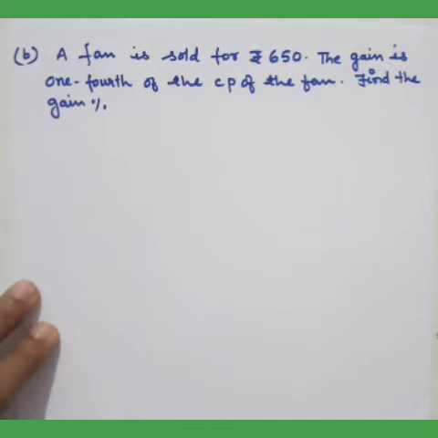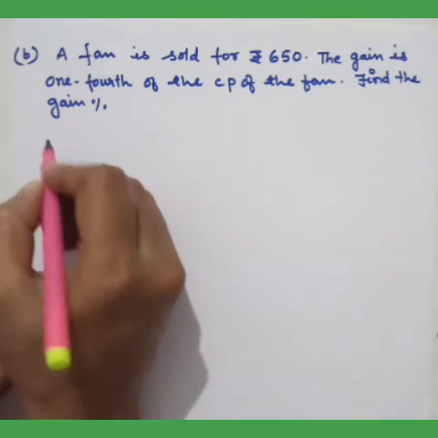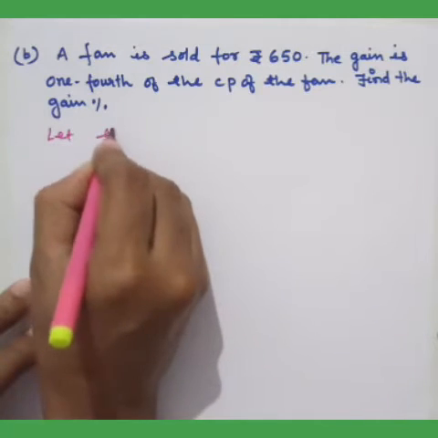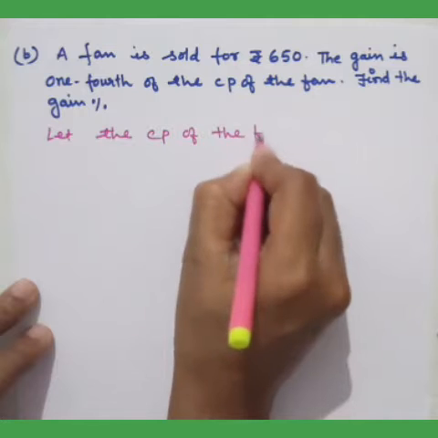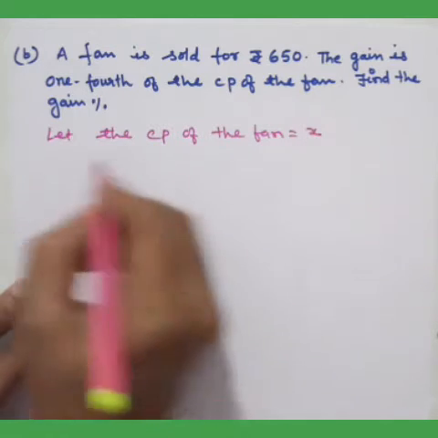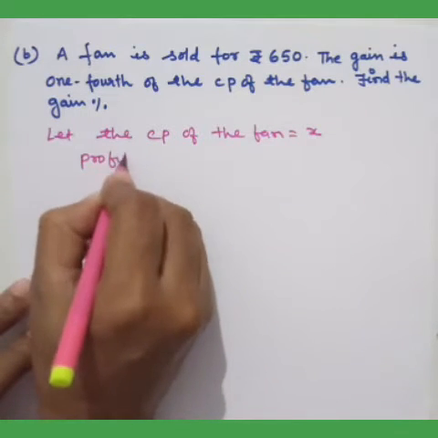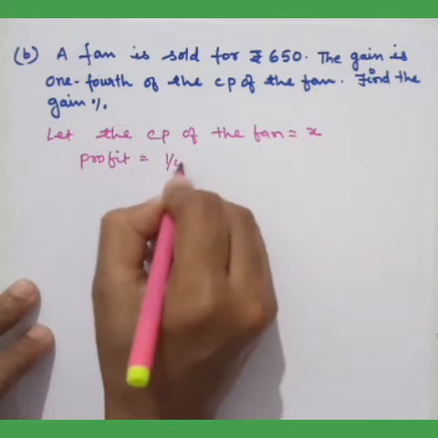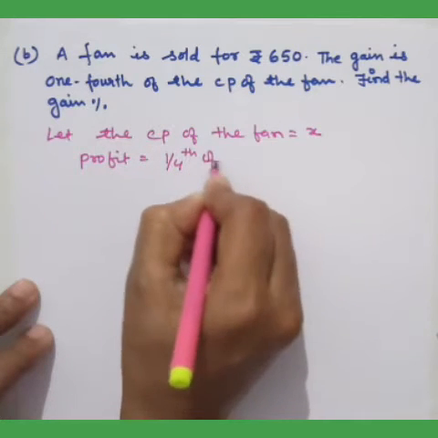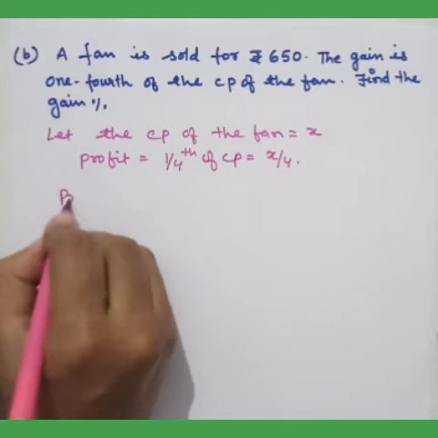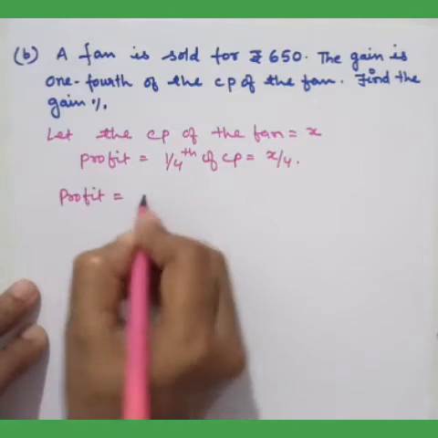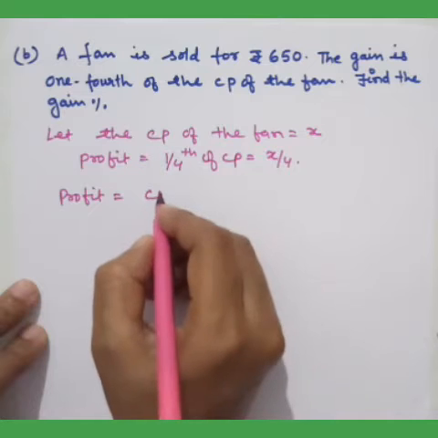So let us say that CP of this particular object, that is the fan, be X. Let the CP of the fan be equal to X. Now what is the profit then? Profit is equal to 1/4 of CP. That means X by 4. How do you calculate profit?